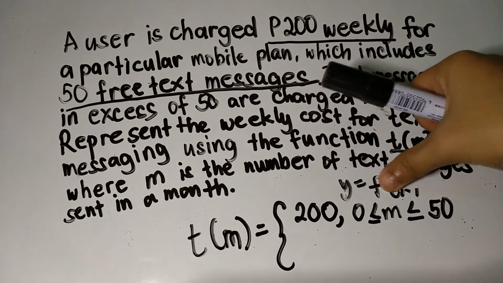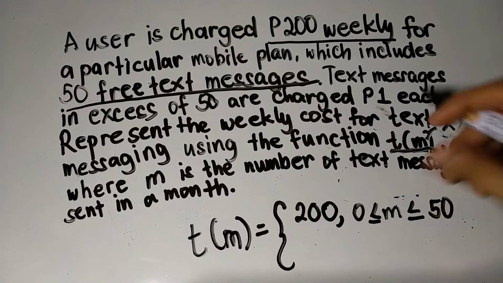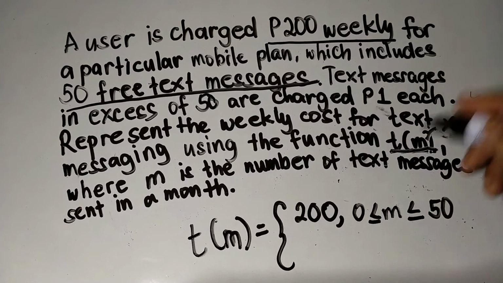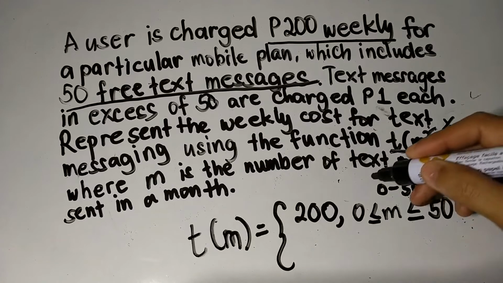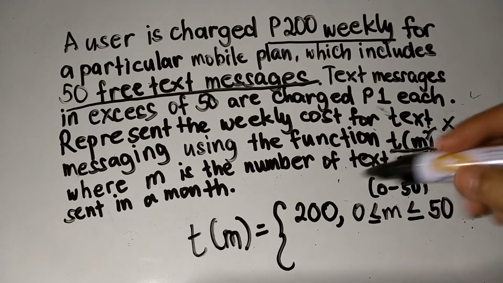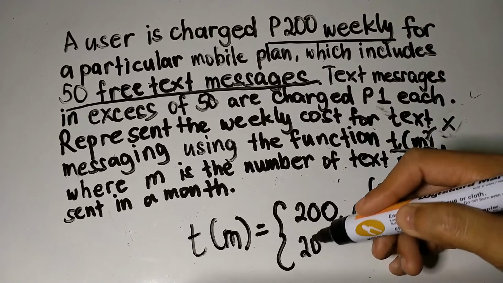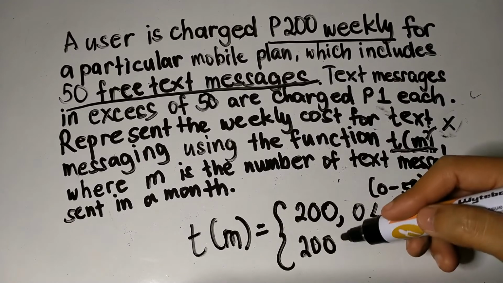Anong ibig sabihin niyan? Ibig sabihin niyan, magiging 200 lang yung babayaran ng user kung siya ay 0 to 50 ang magagamit na text messages. Ano yung isa pang condition? Siyempre, yung lalagpas. So, 200 plus.